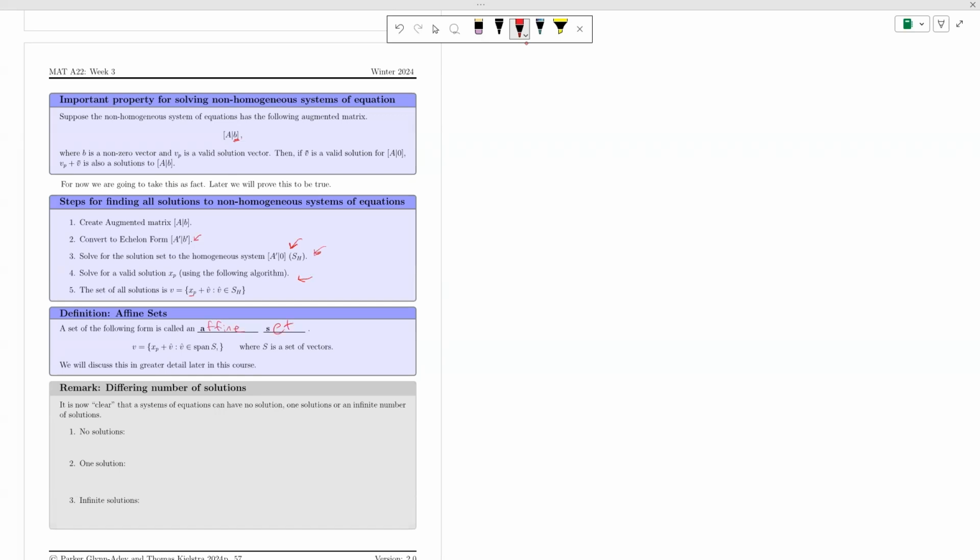What an affine set is, if I have, let's say, a line, it will form a subspace. But if I add a vector to every entry of the line, and I shift that line up everywhere, this line I create is not a subspace.